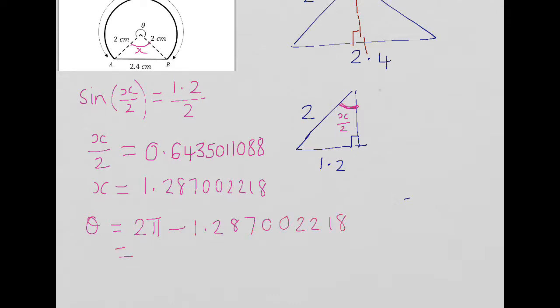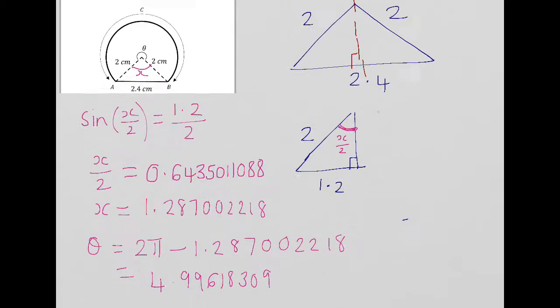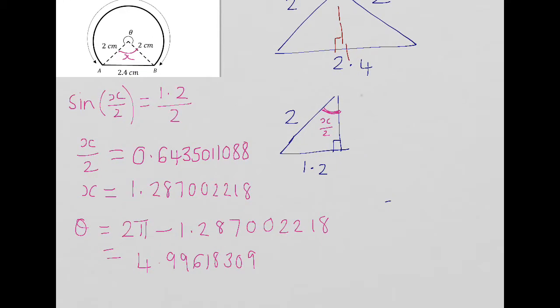So typing that again into our calculator, we get the answer 4.9961839, and we now can find out what C is.